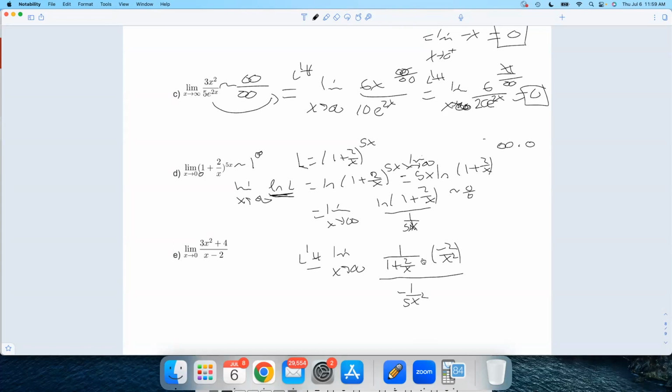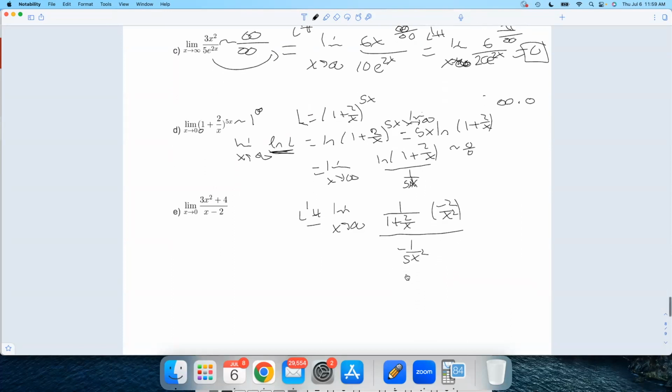Let's do a little keep, change, flip. So I haven't done any calculus here. This is just algebra. I'm going to have 1 over 1 plus 2 over x times negative 2 over x squared times 5x squared over -1.